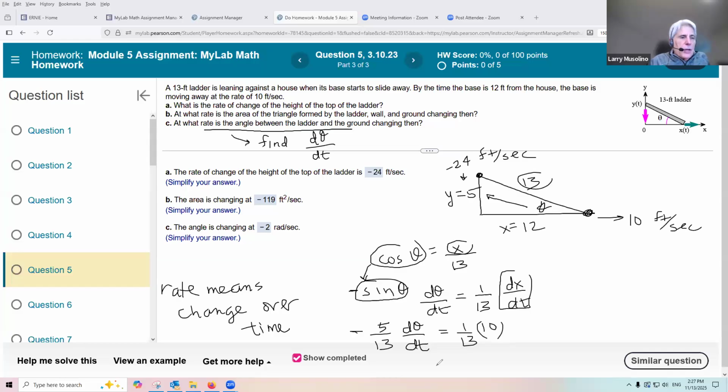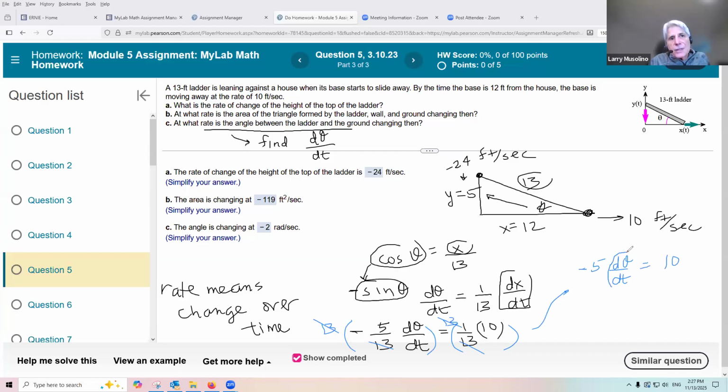All right, let me solve this equation. I'm going to multiply both sides of this equation by 13 because that'll get rid of the denominators here. So multiply both sides by 13, cancel out the denominators. It looks like we have negative 5 d theta/dt equals 10.